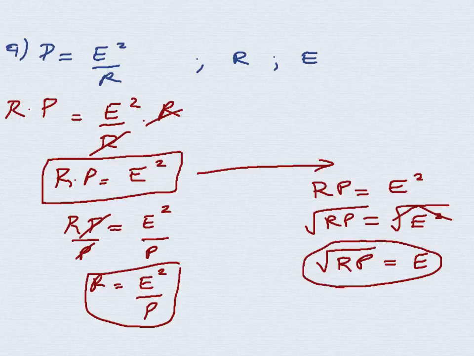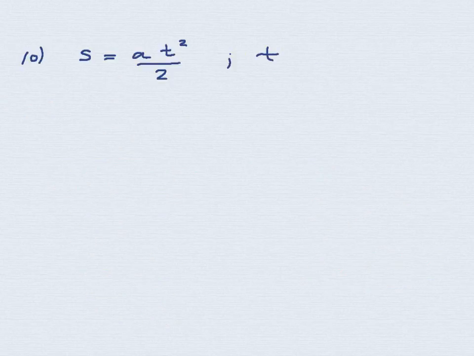And the last one, solving for T. T is trapped inside of a fraction, and it's also a square root. We must be clever. It's going to require a square root at the end. To get rid of the 2, we need to multiply both sides by 2.